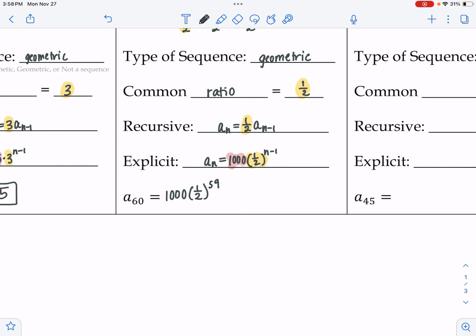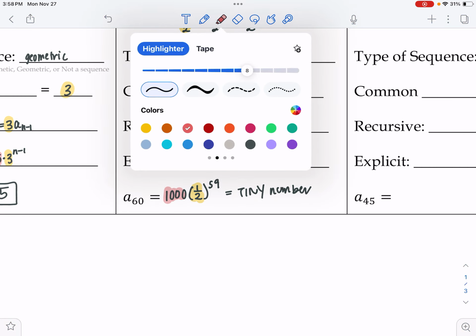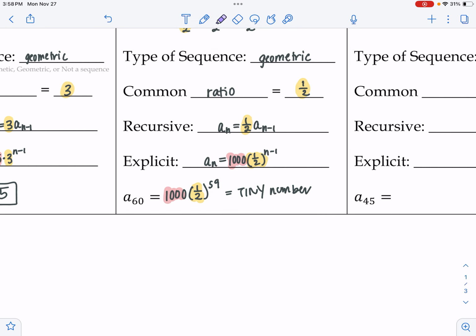That's going to end up being a really tiny number in the calculator. Okay, and so that 1/2 was the common ratio. That 1,000 was our first term. And to get to any term, the nth term, you multiply it n minus 1 times.